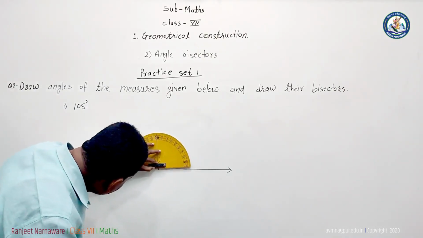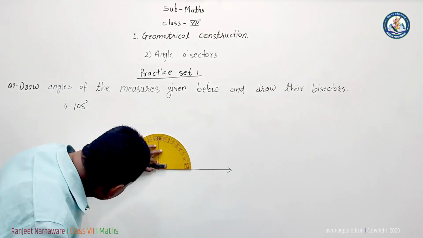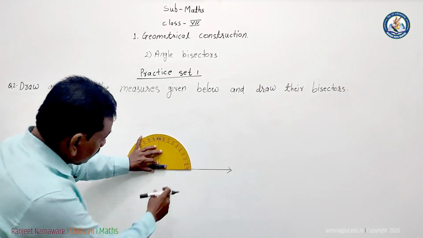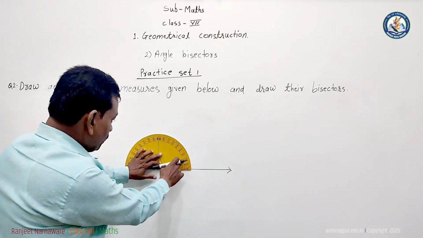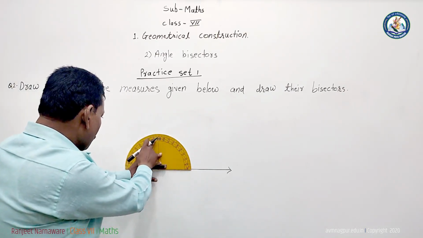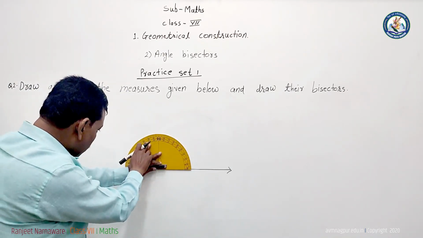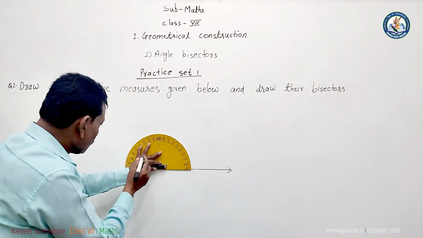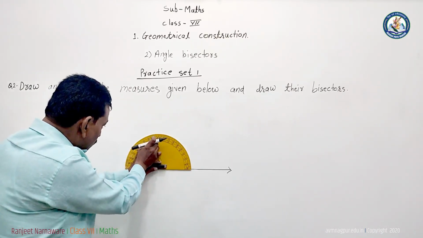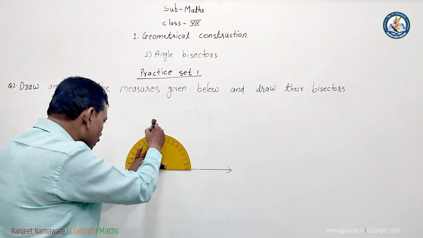Put the protractor on the end point of this arm, just like this, and start taking reading from 0, 10, 20, 30, 40 up to 100. After 100 there is 110 and our number is 105. Therefore, we have to take a reading between 100 and 110.